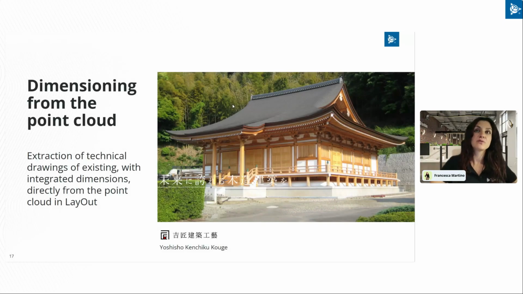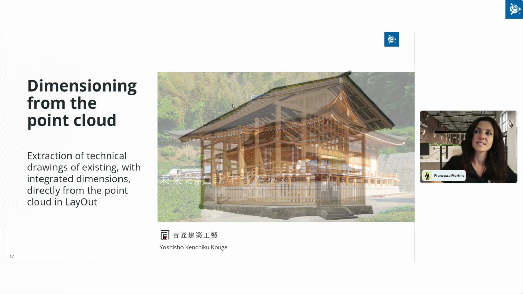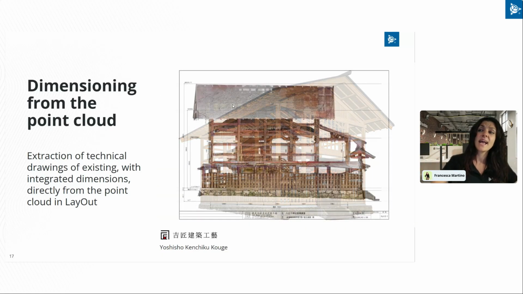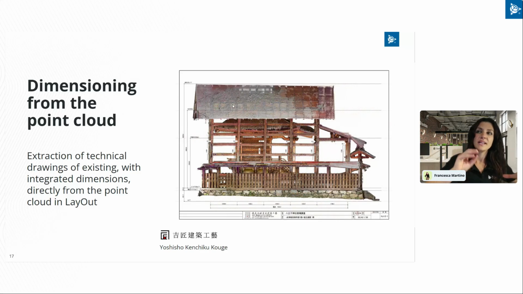Also, point clouds are used to create the digital twin and to extract, not only to measure, but even to extract dimensioning from this digital twin. We can see in this case that the architect built the new structure around an existing temple in Japan. And then in Layout, it is possible to visualize this point cloud and therefore trace all this dimensioning directly from the point cloud.